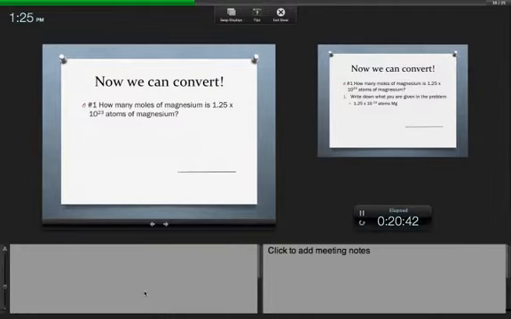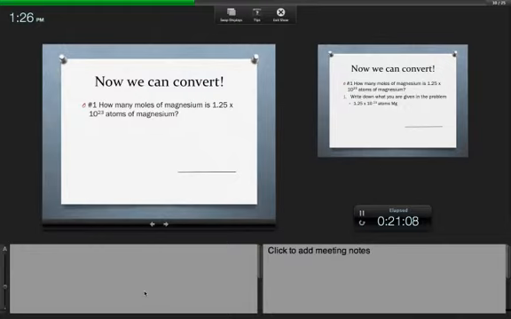Okay. 1 mole of anything is going to equal 6.02 times 10 to the 23rd. It could be atoms, it could be molecules, it could be ions, it could be anything you want to throw in there. So right now, we're dealing with magnesium, right? And in this question, it's asking us for atoms.